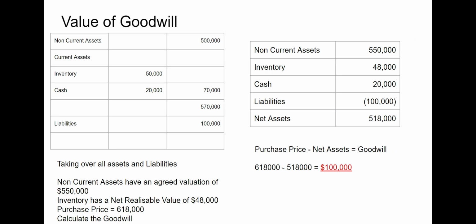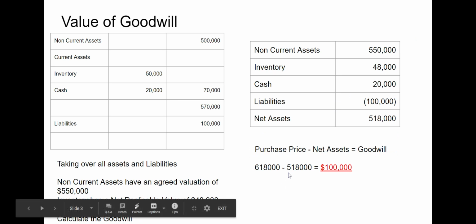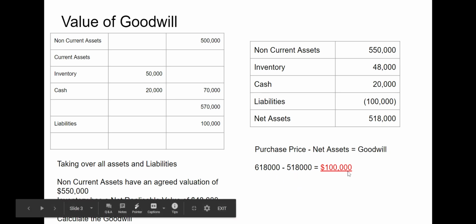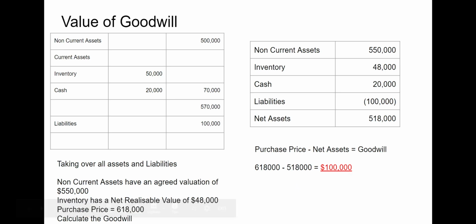And therefore, we would just do 618,000, which was the agreed purchase price, subtract the net assets, 518,000. So it's been agreed that the goodwill in this business is worth $100,000. So quite straightforward stuff, and only two real scenarios that are likely.